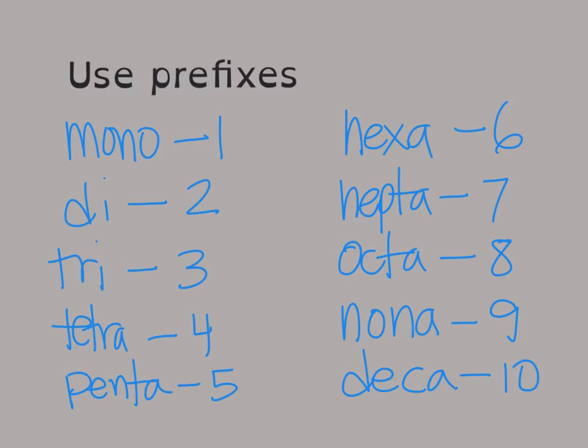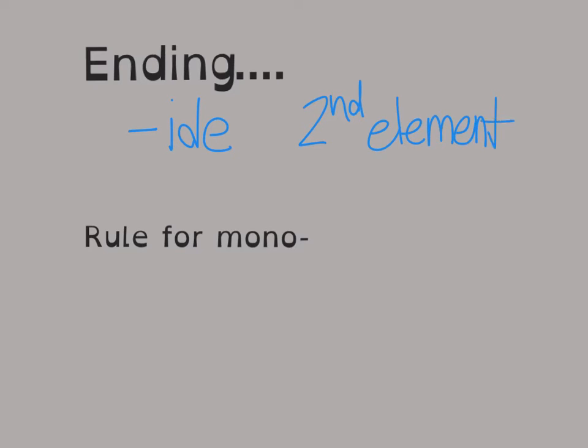You will need to remember these prefixes because whenever you see a subscript that is 2 or 3 or 4, you're going to use the appropriate prefix on your element in the compound. Another rule: when you're using two nonmetals, you have to use the IDE ending on your second element. You just change the element name to end in IDE.